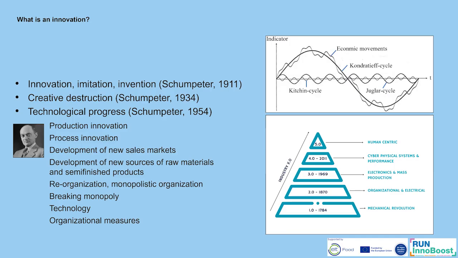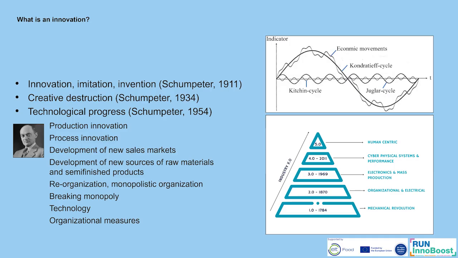And an imitation, Schumpeter also highlights as an innovative product because, for example, if you focus on Japan or on the USA or somewhere else, and there is an innovative product already implemented, but not in Europe, then it's definitely an innovation for Europe and the region that you are in.